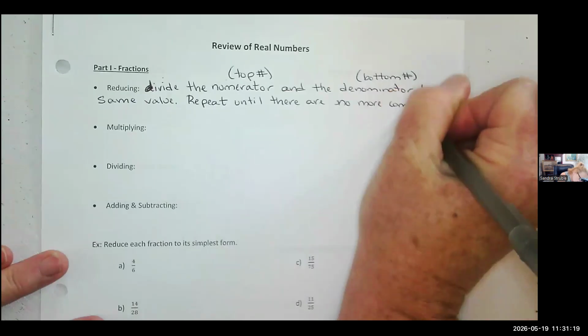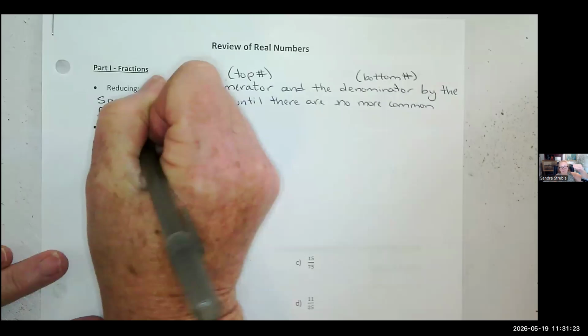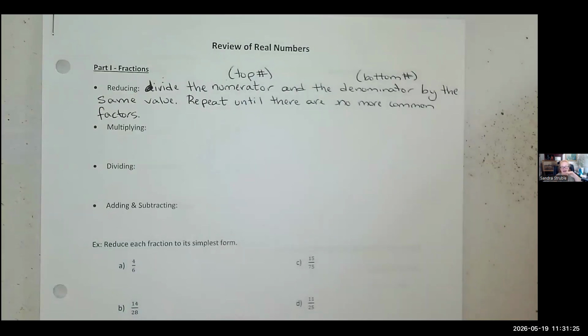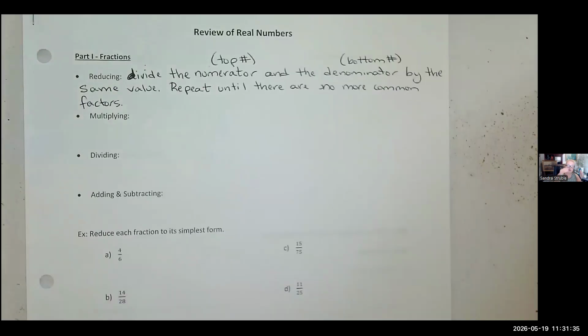Until there's no more numbers that they both have in common, that the top number and the bottom number have in common. So if they're both even numbers, say 4 divided by 2 or 2 divided by 4, they both have 2 that are common. So you divide the top number by 2 and the bottom number by 2. But say you have 3/7, they don't have anything in common. So you can't divide both of them by the same number.